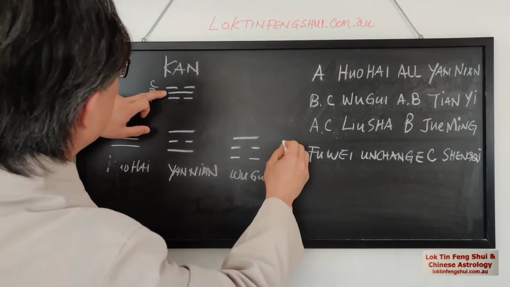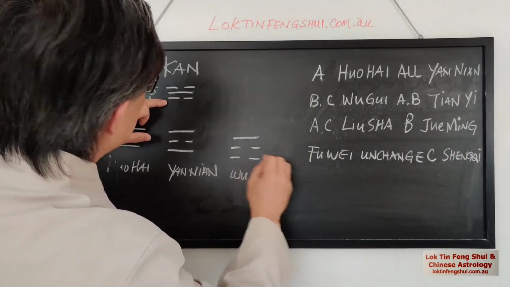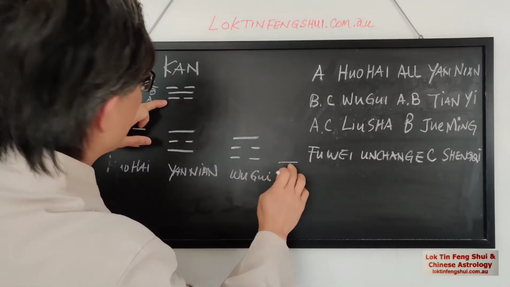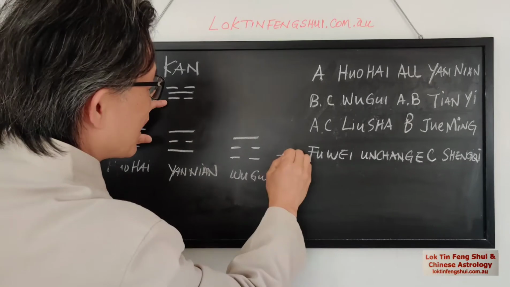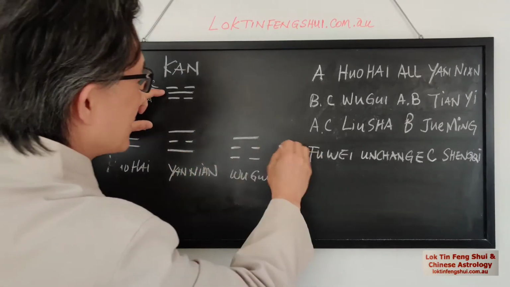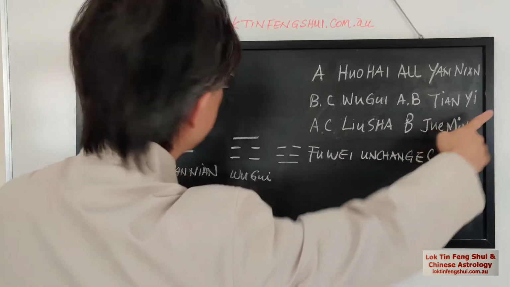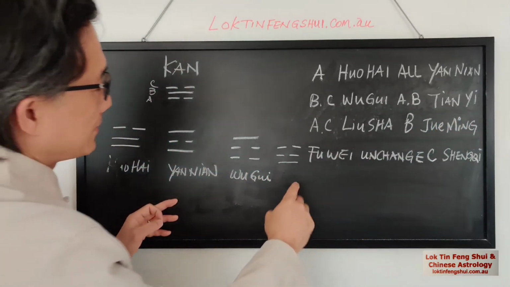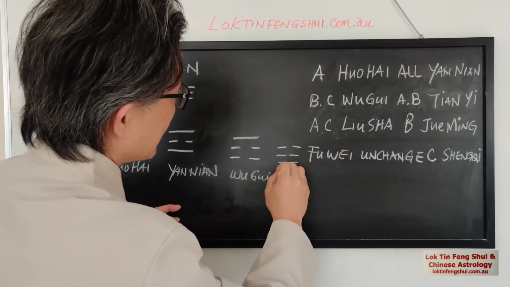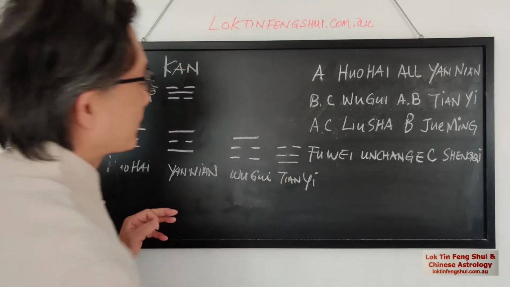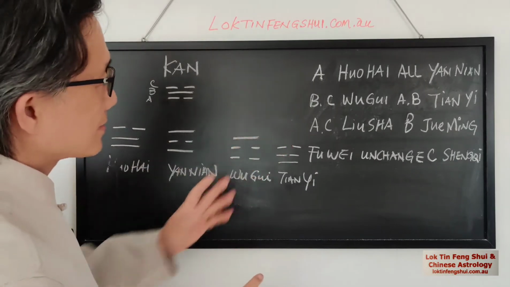A from yin changes to yang, B from yang changes to yin, and C is unchanged. So this is the Tian Yi. A, B is the Tian Yi.